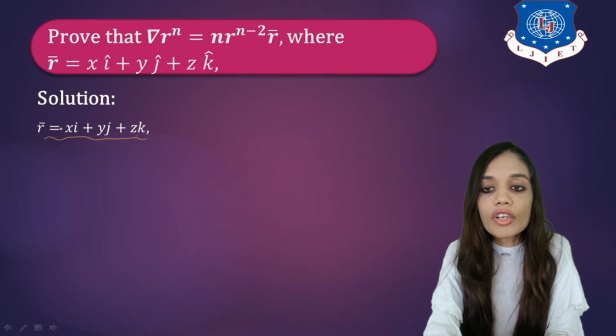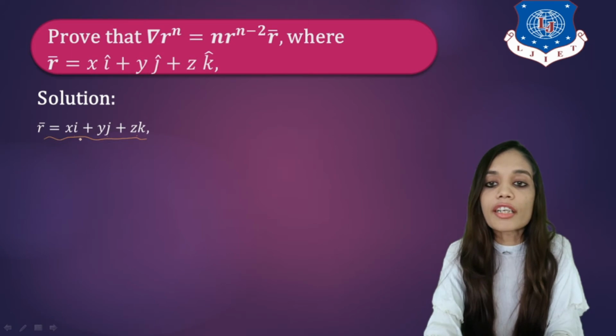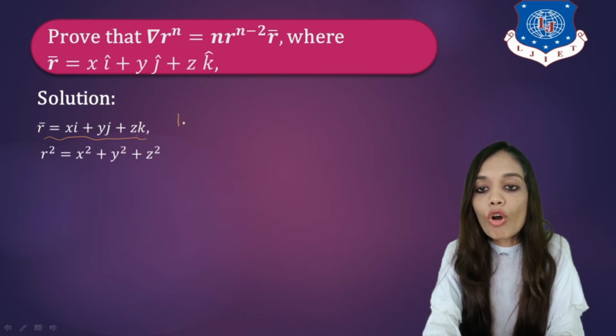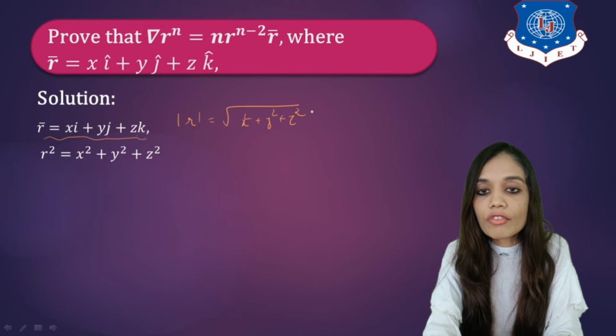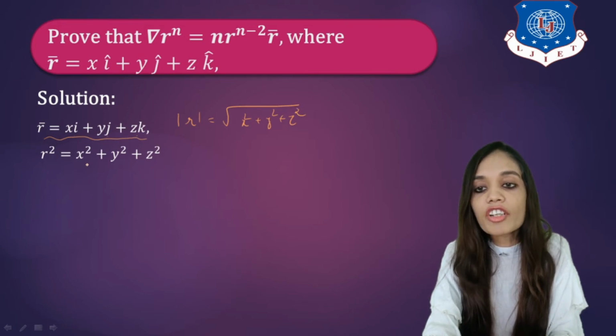Now we need to convert this into a scalar quantity in order to find the gradient. So what we will find, mod r, which is given by square root of x square plus y square plus z square. So finally r square will be equal to x square plus y square plus z square, right?